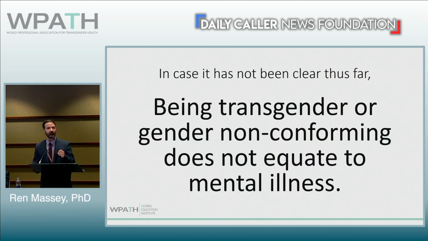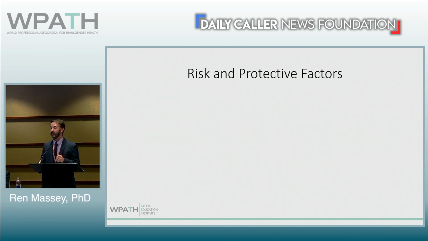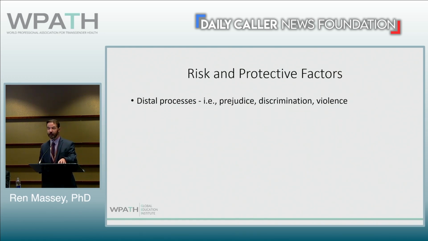So if it's not clear, being trans or gender nonconforming, gender diverse, is not mental illness, but it causes a lot of stress. So here's where we come in with risk and protective factors. I'm going to talk a little bit about this. We've got those distal processes. We've talked about prejudice and discrimination and violence that people encounter.